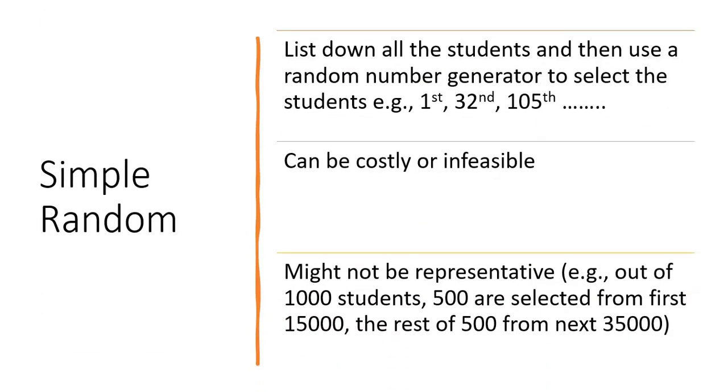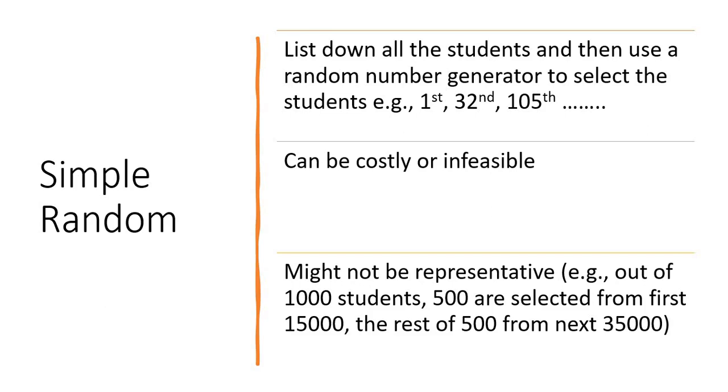So we need another approach. Another approach can be simple random sampling. In simple random sampling, we will list down all the students and then use a random number generator to select the students.